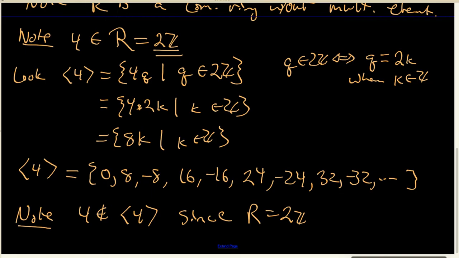But I do also want to look at a second case. So let's look at another example. This time I want to let R be the set 0, 2, 4, 6, 8, 10. And I want to think about this as a subset of Z12.